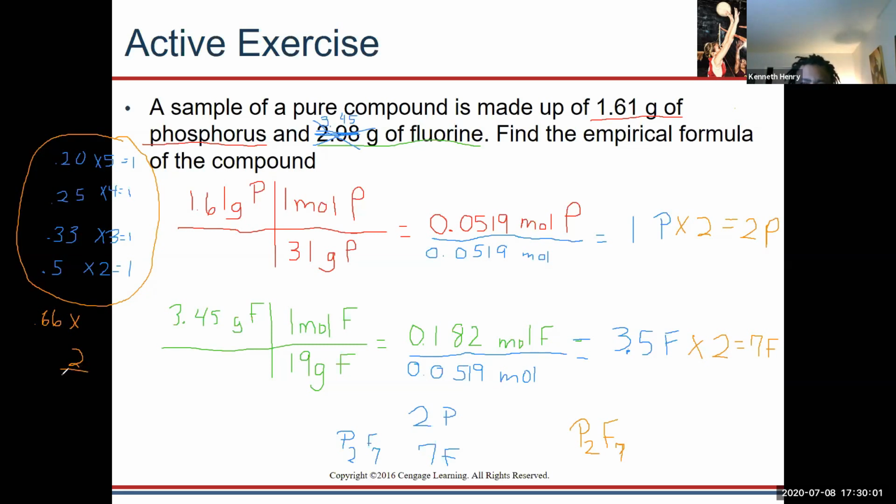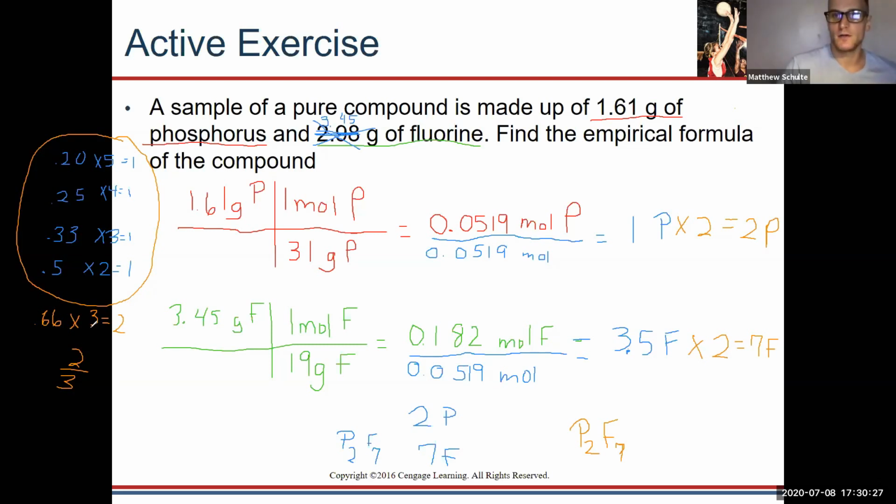Is that right? 2/3 is 0.66, so if I multiply this by 3, that's going to give me a whole number. And then it's just going to be 2, right? True.